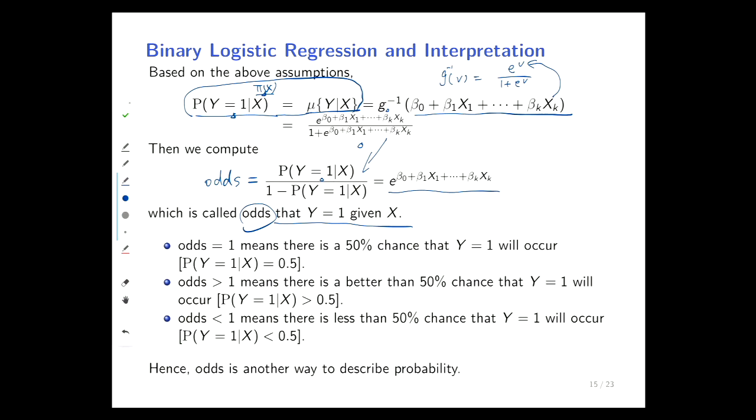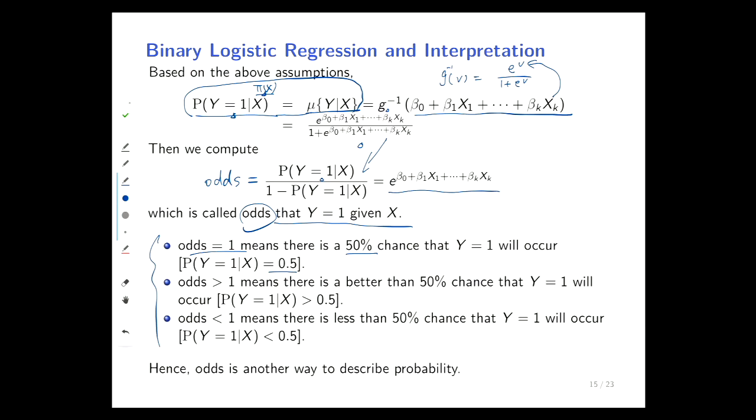Now let's look at why we need to introduce these odds. Firstly, what are odds? I use these three examples to explain the meaning of odds. In Western history, or in gambling history, a lot of people like to use odds instead of probability or chance. Odds equal to 1 just means there is a 50% chance that y equals 1 will occur. You can plug in a probability of 0.5 and obtain odds equal to 1.